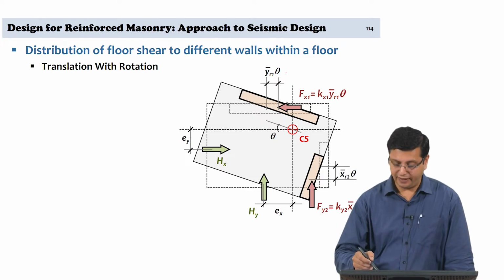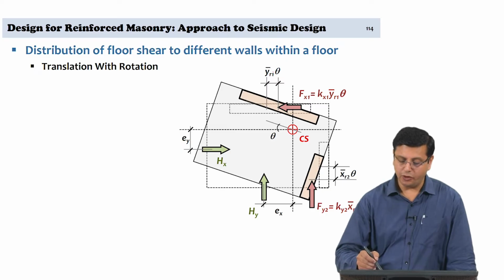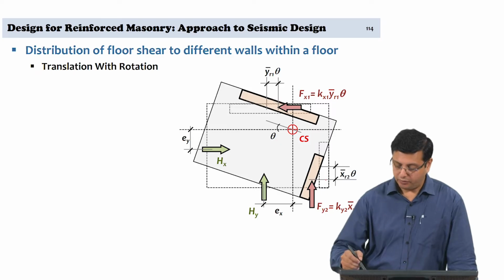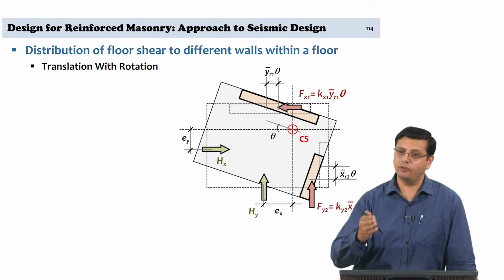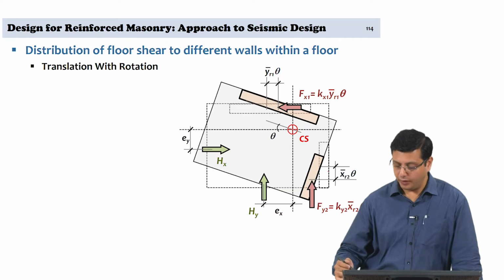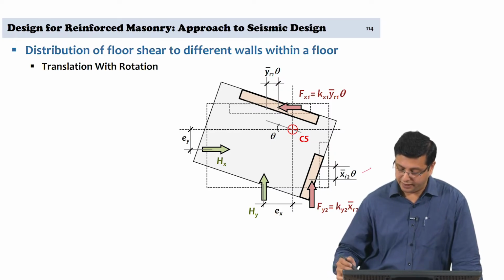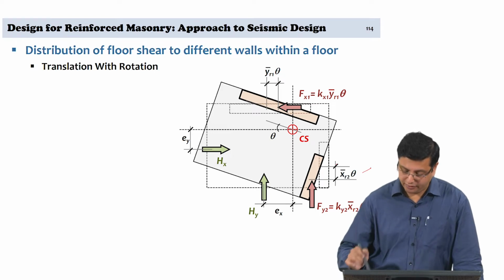Knowing the rotation theta, this distance is going to be y bar r1 times theta. Similarly for wall 2, because of the rotation, between where the shear force is acting in the wall at the centroid of that resisting element and the direction of the shear force, you would have the lever arm defined here as x bar r2 times theta for wall 2.